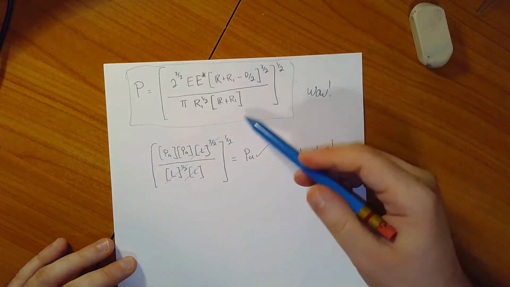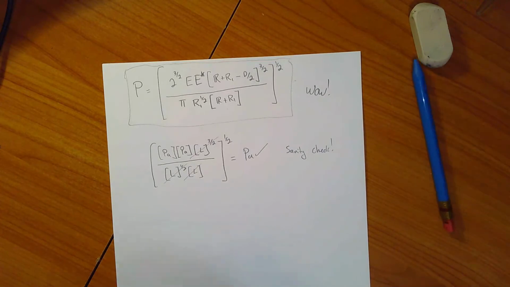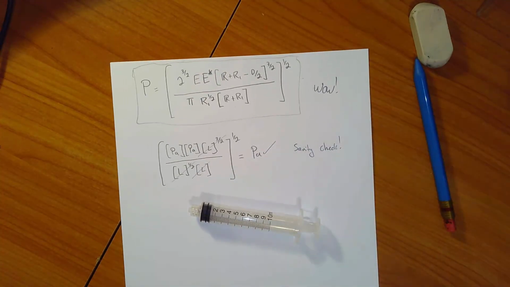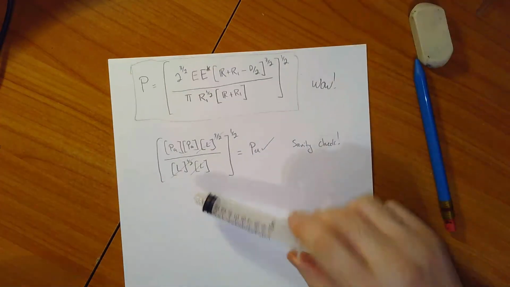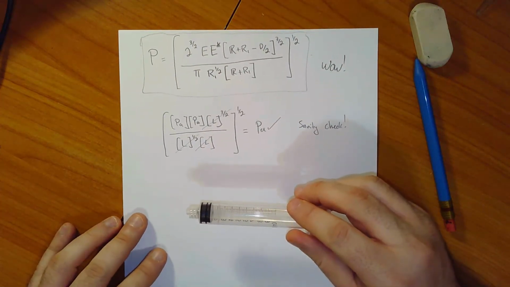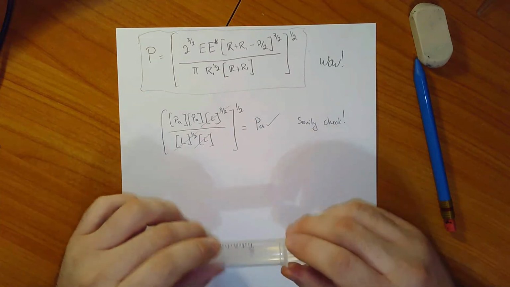So now we have this expression, and we can plug in for any O-ring the geometric values that we know, and we can back out what the leak pressure is going to be for that individual O-ring. Now, I do want to check this, to make sure that it's right. I've shown you the syringe barrel from before. This was used in fall 2019 and in summer 2020 as the reverse engineering report artifact.